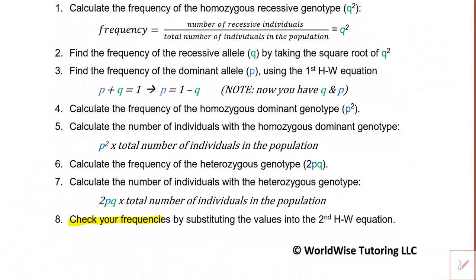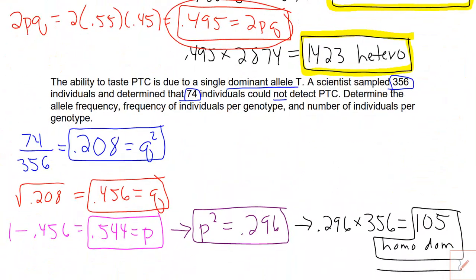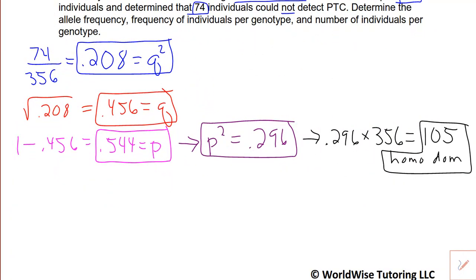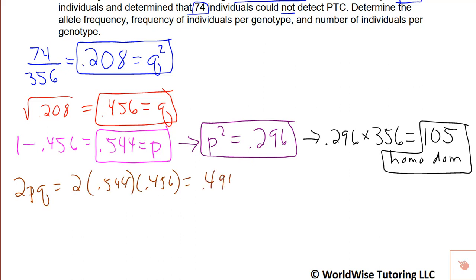Look at step 6. We'll calculate the frequency of the heterozygous genotype, 2pq. Since I know p and q, this should be very easy to do. So 2pq would be 2 times 0.544 times 0.456. That's going to give me 0.496, which is my 2pq.